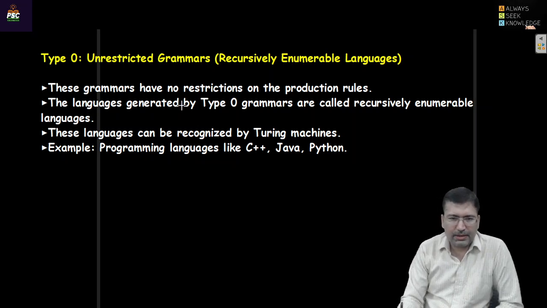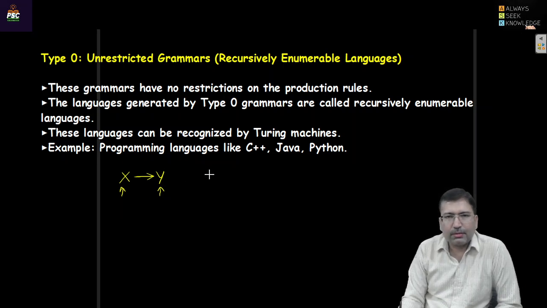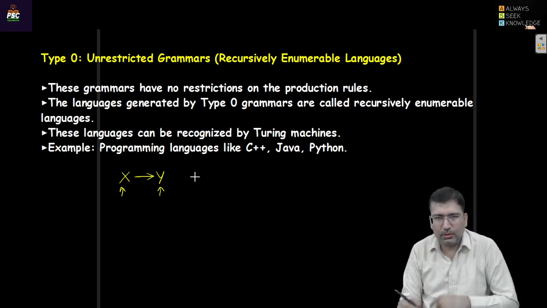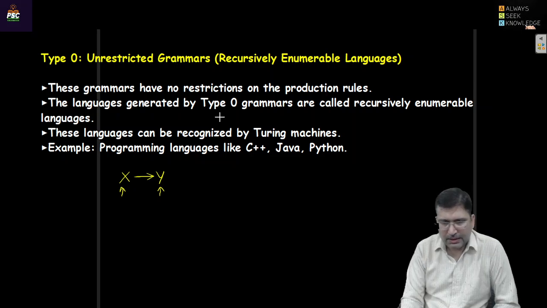Generally the production rule looks like X implies Y. If X can be anything and Y can be anything, that means there is no restriction in the grammar rules. Such grammar is considered unrestricted grammar. So this language is considered type 0 and this grammar is considered type 0 grammar.